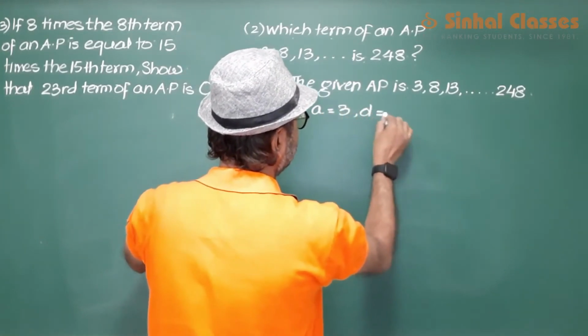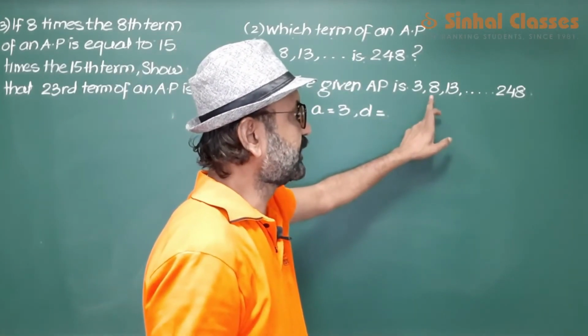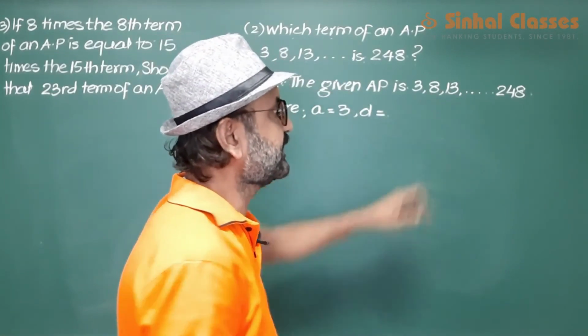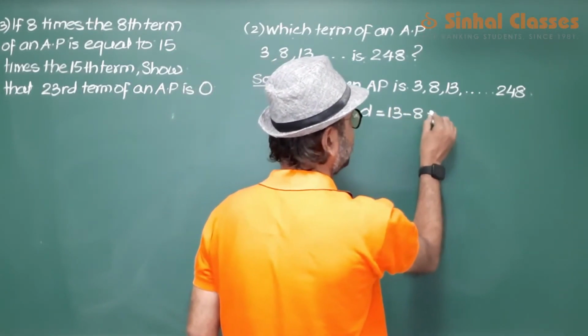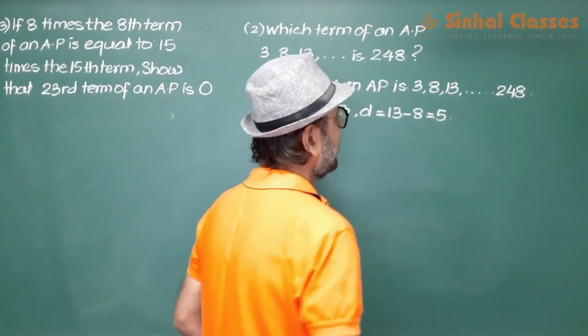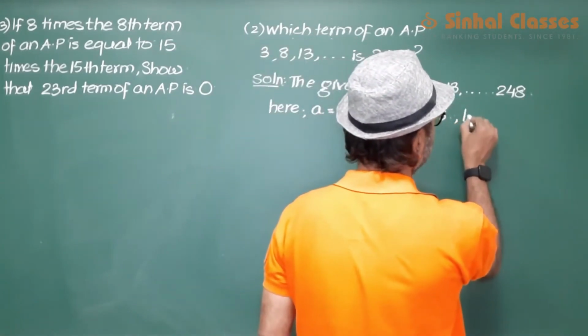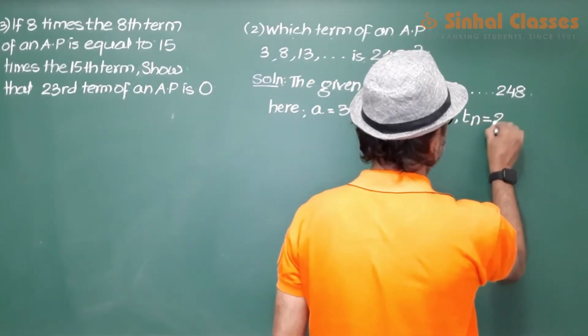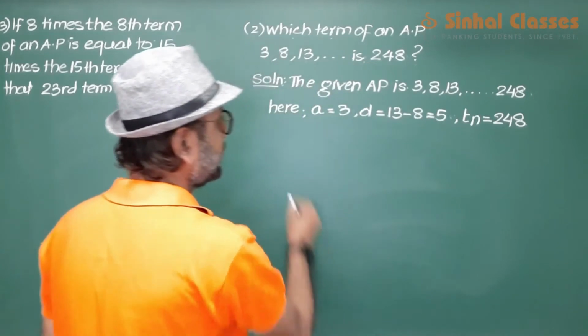The difference, as I've just told you, difference is latter minus former. बाद वाले में से पहले वाला माइनस करना है आपको. So 13 minus 8, which is 5, and the last term in this AP is 248. So Tn is 248. The nth term, the last term is 248.